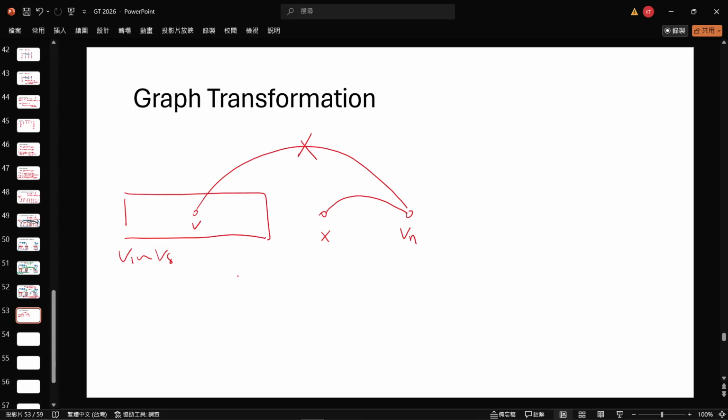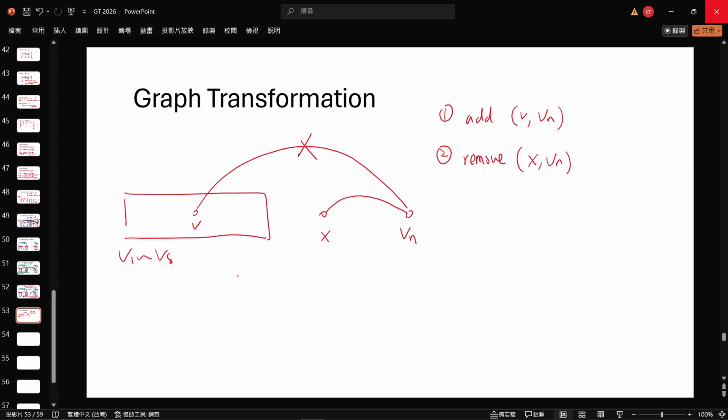So we have to add the edge between V and Vn, and we have to remove the edge between x and Vn.